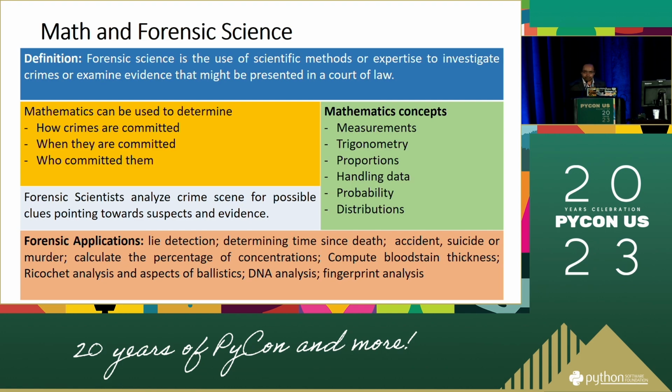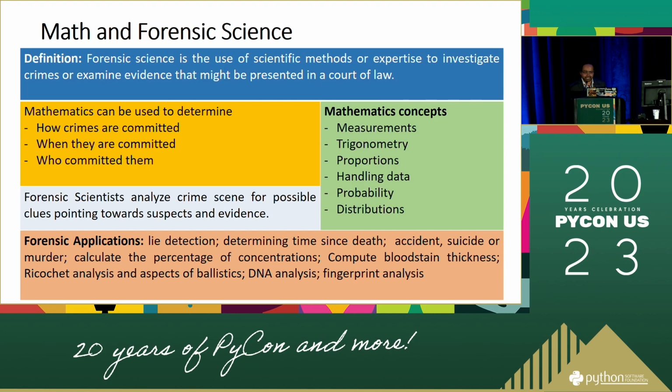So why math and forensics? Before discussing that, let us see the definition of forensic science. It is the use of scientific methods or expertise to investigate crimes or examine evidence that might be presented in the court of law. So the basic goal of forensic science is to find the evidence and present it in the court of law.